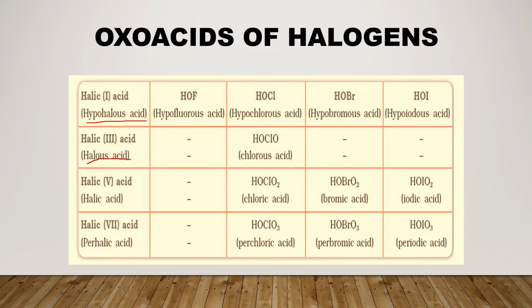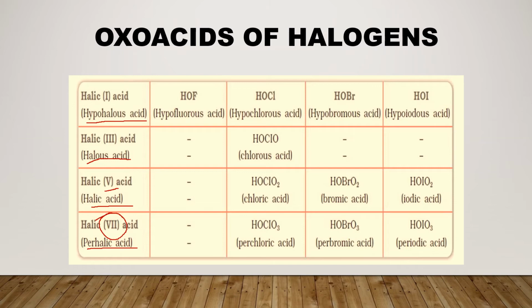Next is halic acid, in which oxidation state of halogen is +5, and last one is perhalic acid, in which oxidation state of the central halogen atom is +7. So depending upon the oxidation state of the central halogen atom, oxoacids are classified into four types: hypohalous acid, halous acid, halic acid, and perhalic acid.